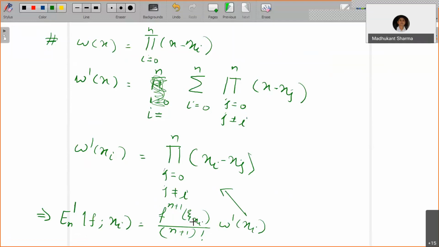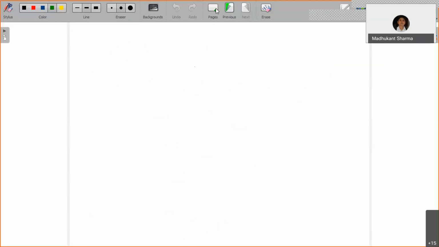If you wish to work with this, for simplicity, take the example of n equals 2, which means the points are x0, x1, x2, and let i equal 1.